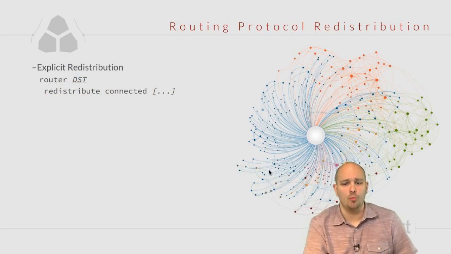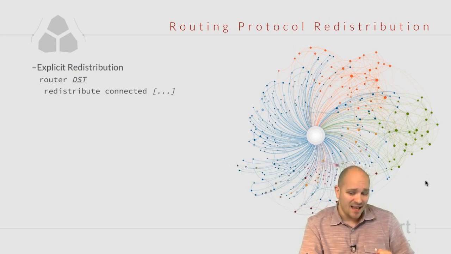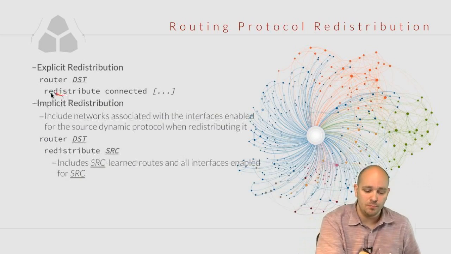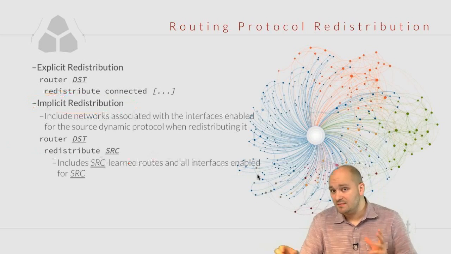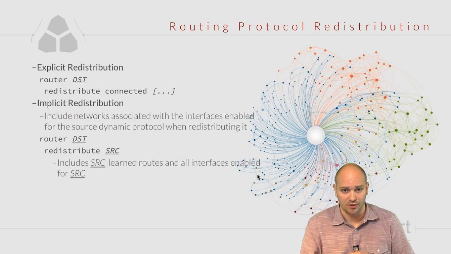But there is another way of redistributing connected routes, and that other solution is something that I like to call implicit redistribution. This is not very involved, but it's a very, very important concept to understand.